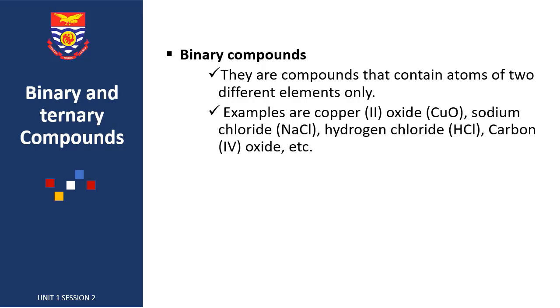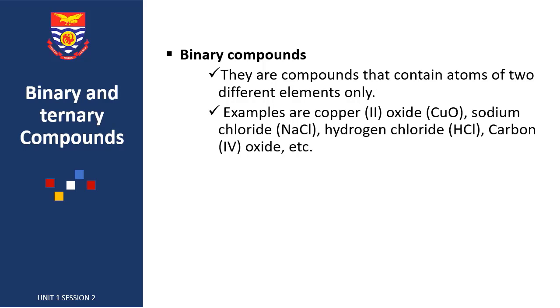We are not concerned about the number of atoms present. Our focus is two different elements, or atoms of two different elements. So we can have plenty of atoms present, but they should be of just two different elements.